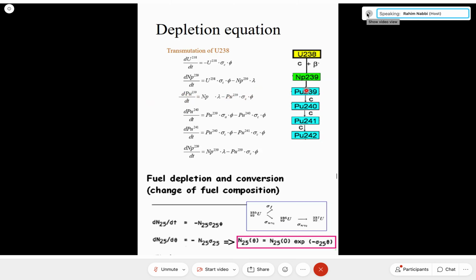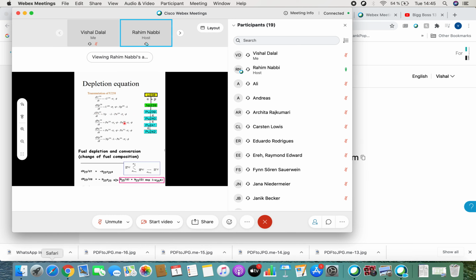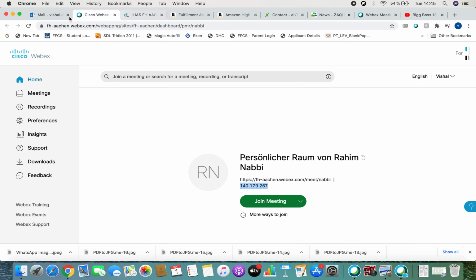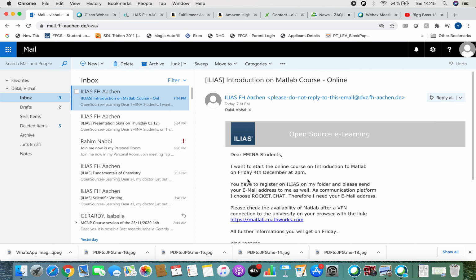And you see in this chart too, from plutonium, by capturing a neutron, that means sigma C, it goes to plutonium-240. And you see in the next equation, that would be plutonium-240, and the loss term of plutonium-240 is the same, because of capturing neutrons, and the production term is coming from the previous one.